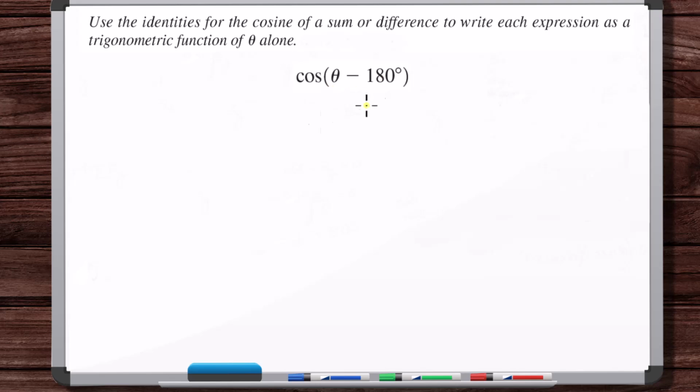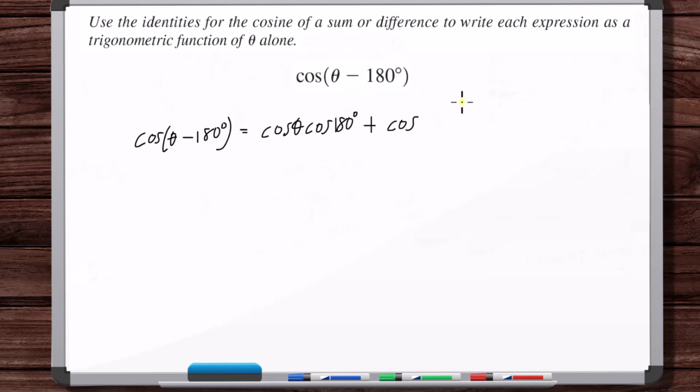Okay, now cosine of theta minus 180. That's another quadrantal angle. We use the difference identity: cosine of theta, cosine of 180, plus sine of theta, sine of 180. You could also use the sum identity with b equal to minus 180.